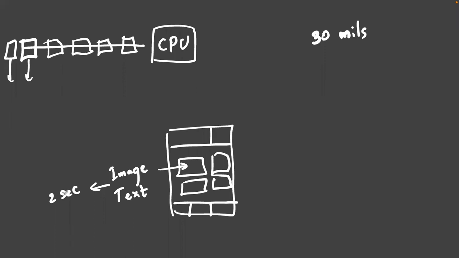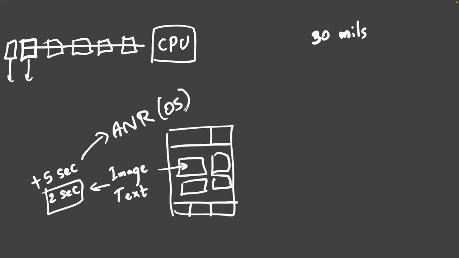If this case gets really bad and it takes more than 5 seconds, what will happen is the Android or iOS system will show you an ANR error message. This will come from the OS.